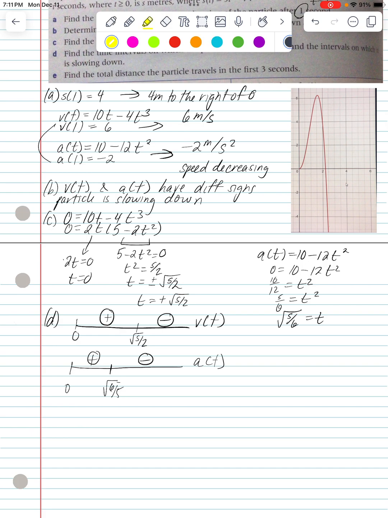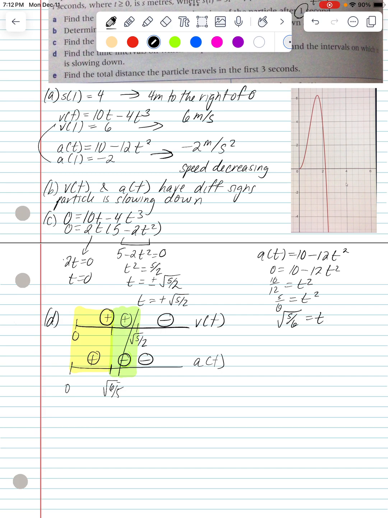So now if we look at what regions we're seeing the signs being exactly the same, we see that between 0 and root 6 over 5, they're both positive. But then between that and root 5 over 2, this value is negative, and this value is positive.